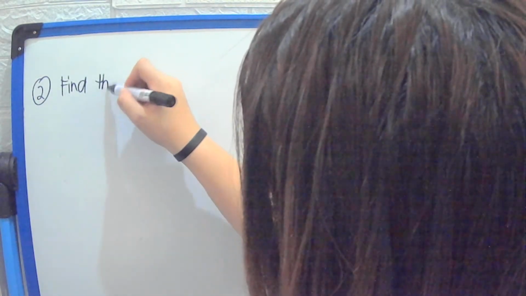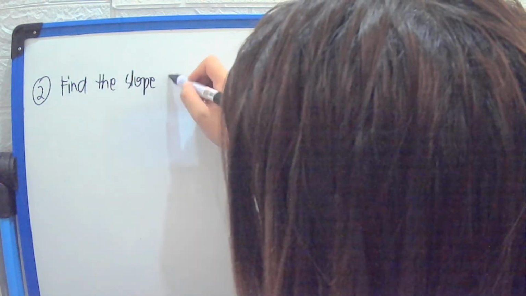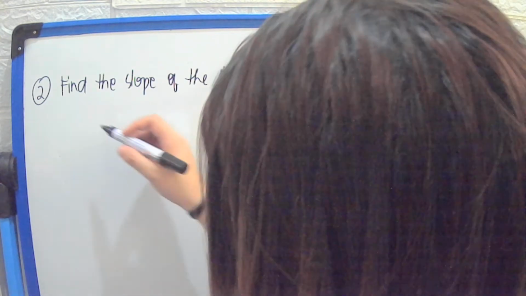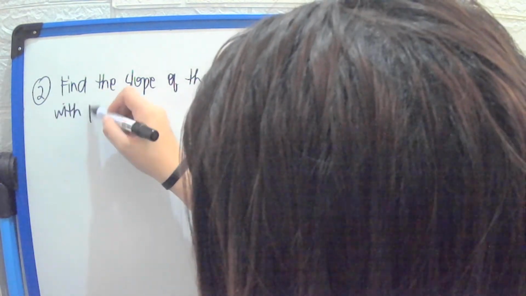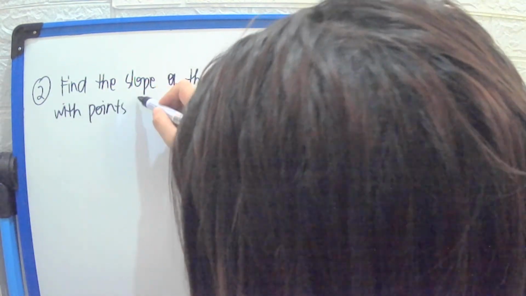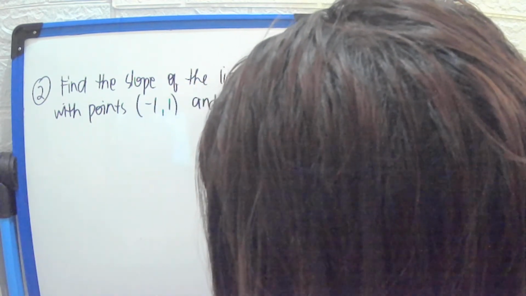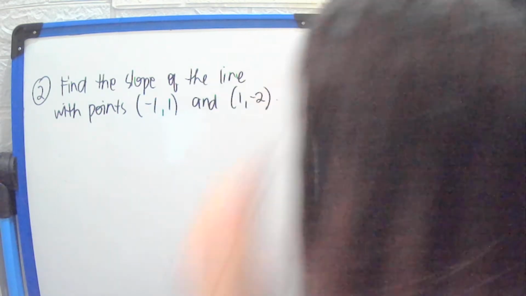So, find the slope of the line with points negative 1, 1, and 1, negative 2.